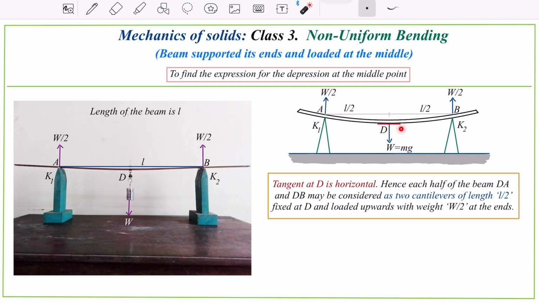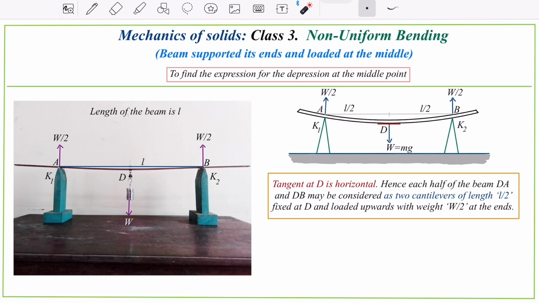That is, when you look at the beam from the bottom side, you can see that there is no elevation at the point D. At point D, there is no elevation, or we can say the beam looks like it is fixed at the point D and it is elevated at each end.